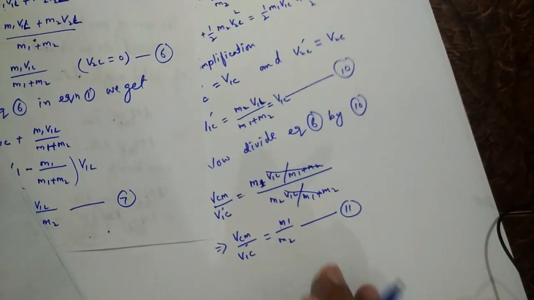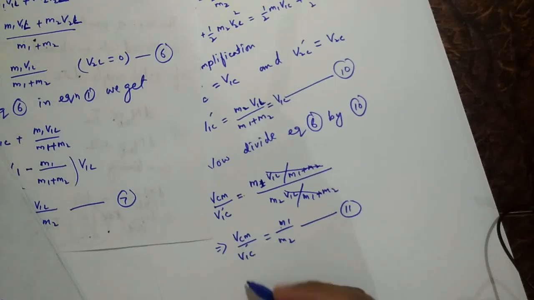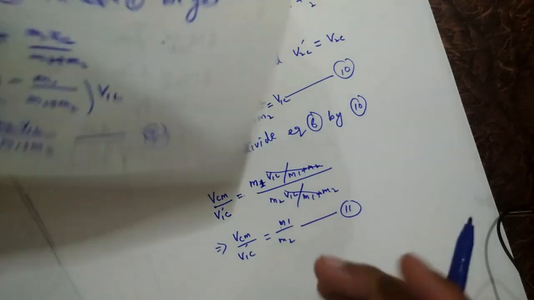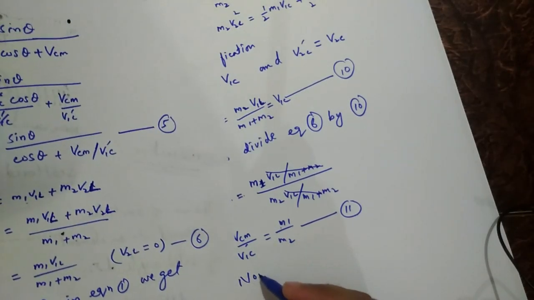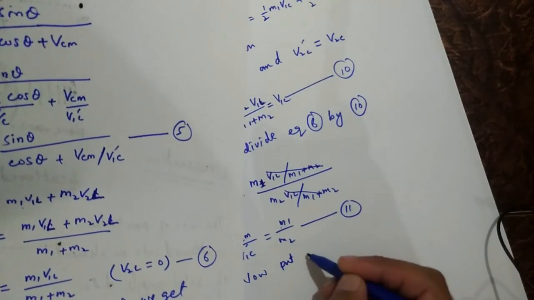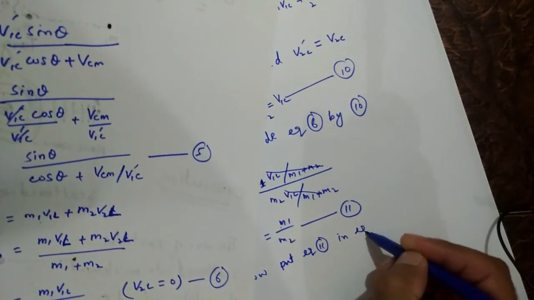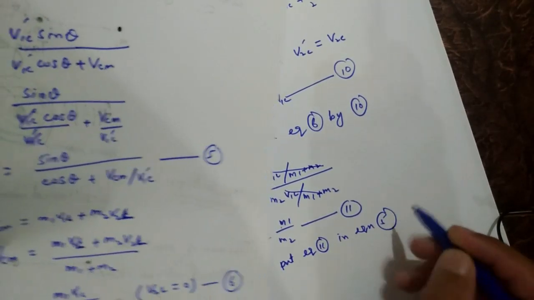Now finally we got this value, and putting it in equation number 5, put equation 11 in equation number 5, which is this one.